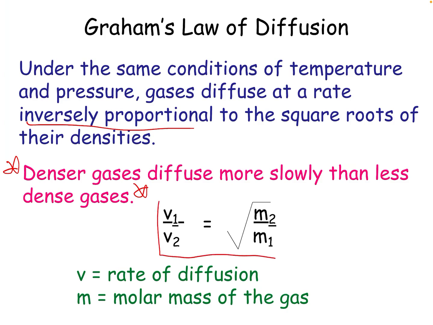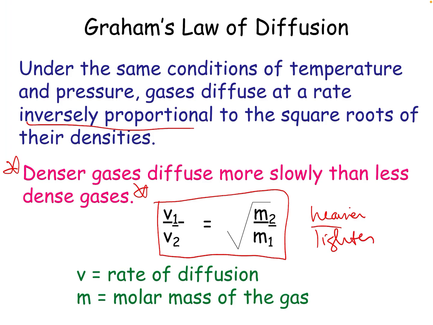This is the formula. It looks scary, but it really isn't. V is not volume. This is lowercase v, and it stands for the rate of diffusion. And lowercase m is not mass, it's molar mass. We're going to do the heavier on top, so M2 is always heavier, and M1 is the lighter.